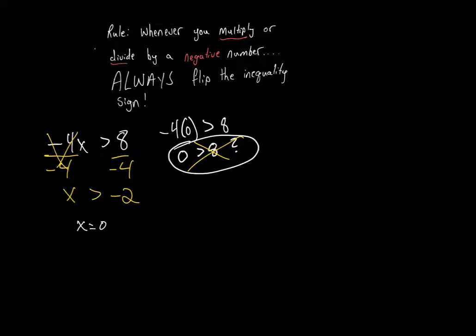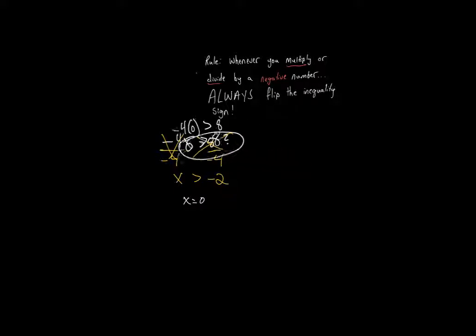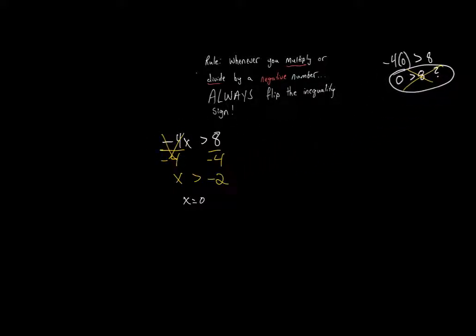Okay, sorry, everything's getting mixed up on me here. Okay, I have negative 4 times x is greater than 8. To solve this, I'm going to divide by negative 4, divide by negative 4. That cancels out.